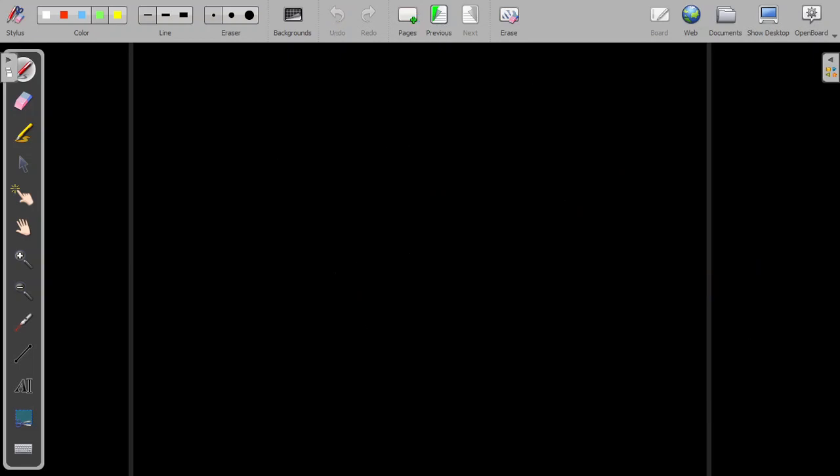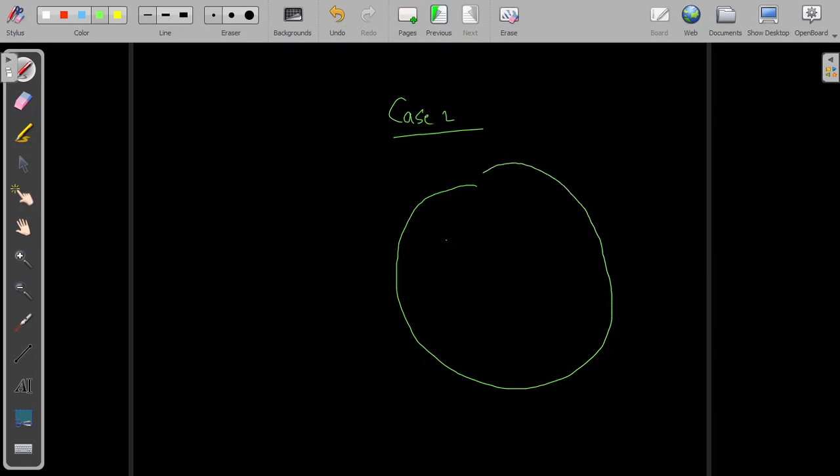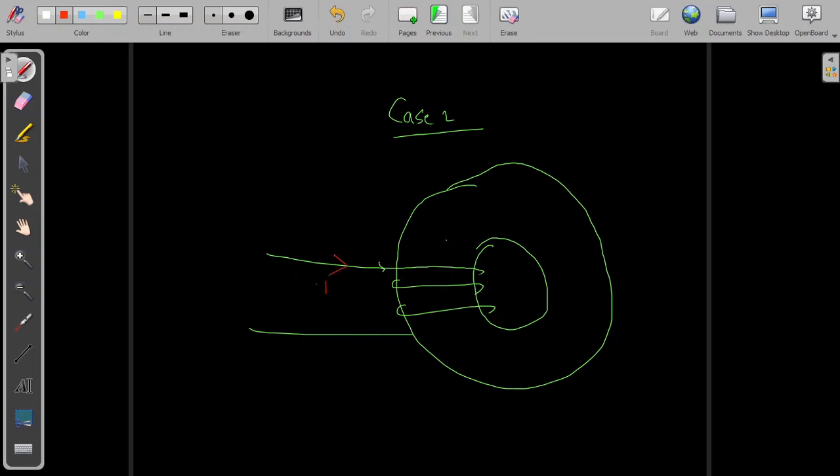Now I'm considering another case 2. The same toroid, with the same number of turns and the same current I flowing.